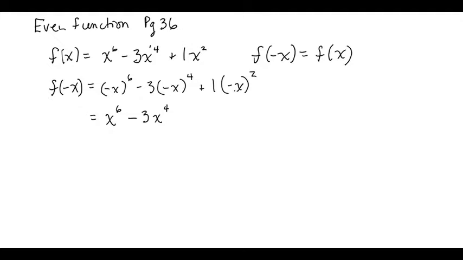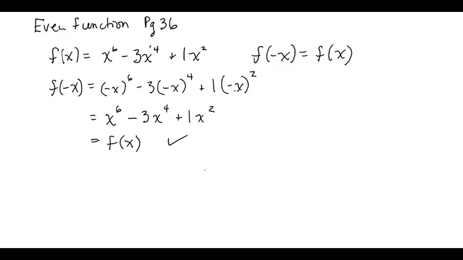So this result just turns into x to the 4th. And a negative x multiplied by itself twice is a positive x squared. What you can notice is that this is just our original function after substituting in negative x. So by definition, this is an even function.